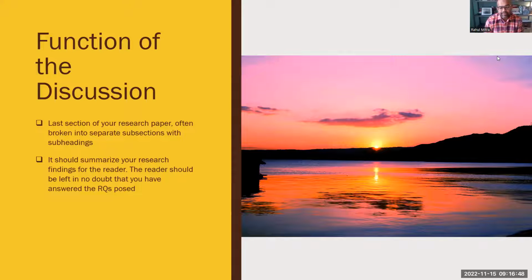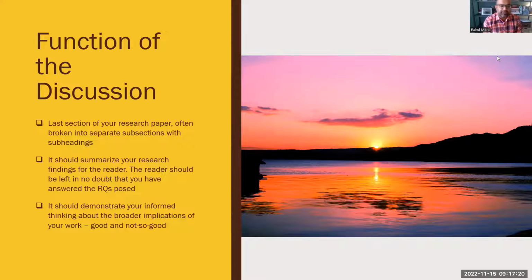And the summary is really helpful because your finding section generally runs to anything from 5 to 10 pages perhaps, and there's a lot of information and material packed into those pages. So what you want in the discussion section is to summarize the main parts, the main takeaway points, the key findings of your research for your reader.